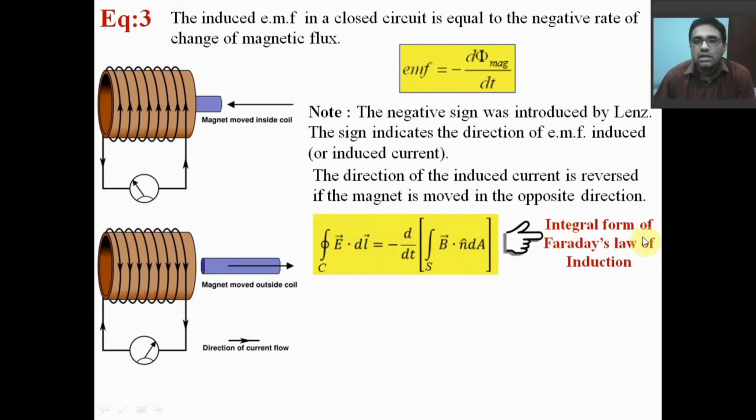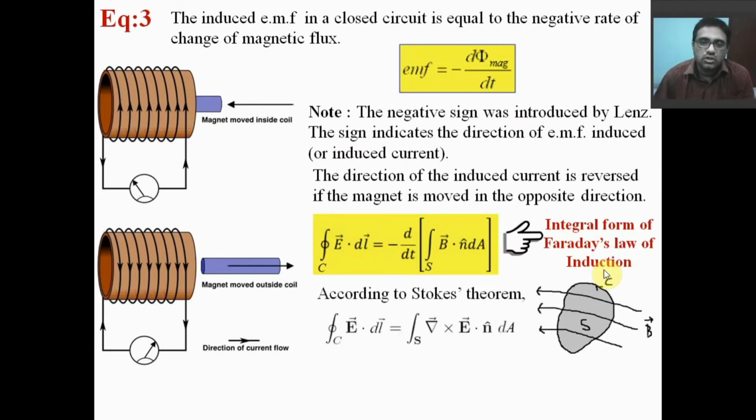So this is the integral form of Faraday's law of induction. Now if we use Stokes' theorem, we know that the closed line integral E dot dl is basically the surface integral of the curl of the electric field over this surface. So this is that current loop, and it will make this surface.